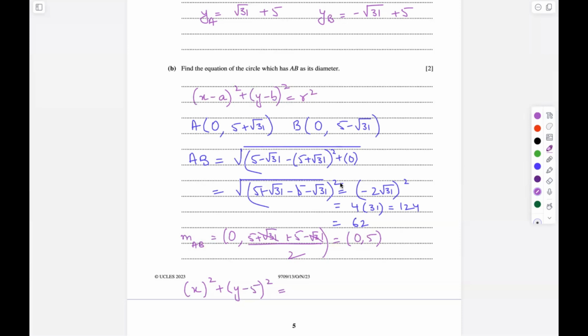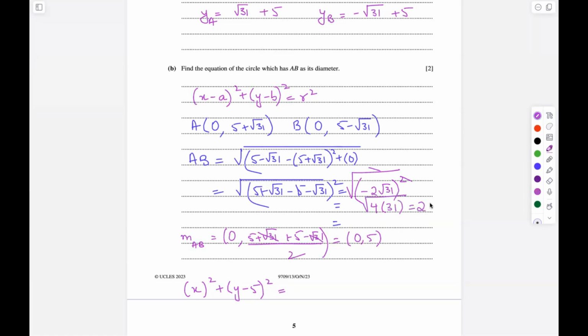Okay, so there's a small correction over here, even though this was correct. This was minus 2 root 31 whole squared, and there was a square root over here, so that would have cancelled out. So the diameter over here would have become, when we whole square this, positive 4 into 31, and we'll have to again square root it.